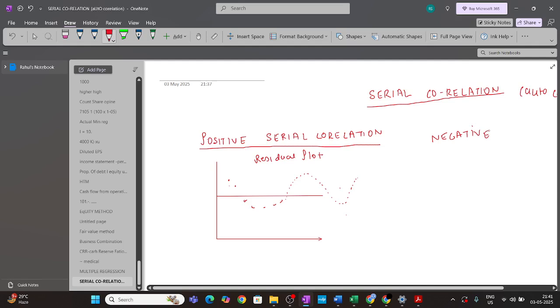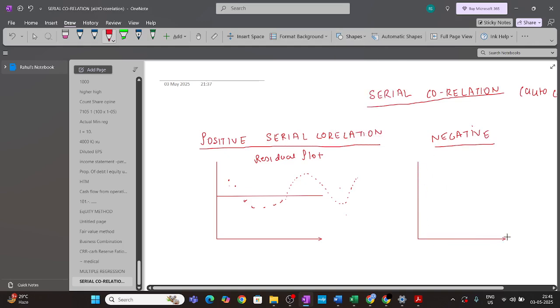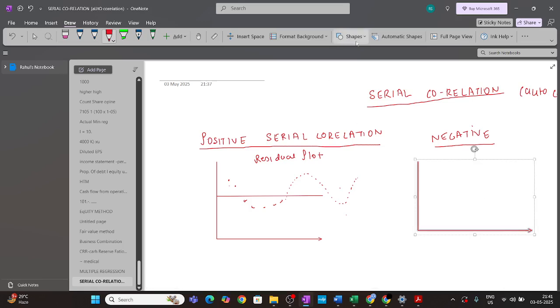Then you could also have negative serial correlation, right? What happens here is that, let me draw first. So it's going to look something like this. So this is my zero line. Positive followed by negative, followed by positive, followed by negative, followed by positive, followed by negative.